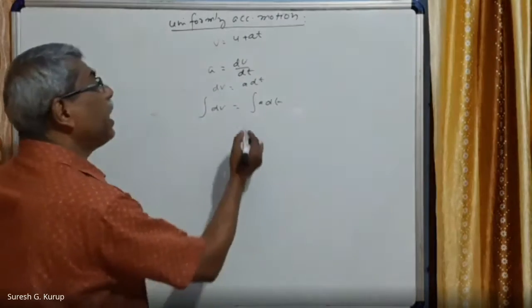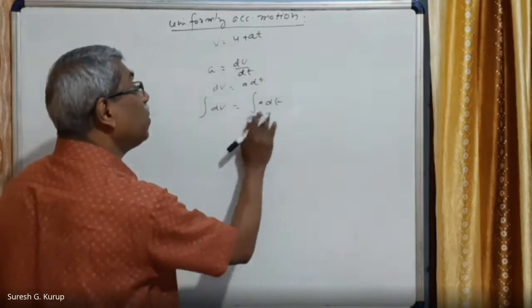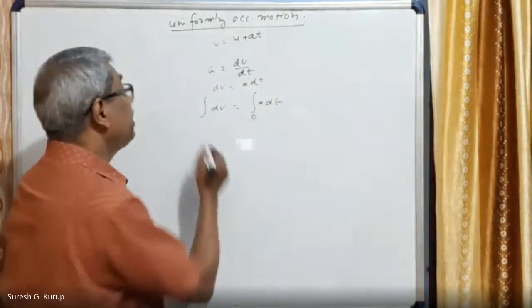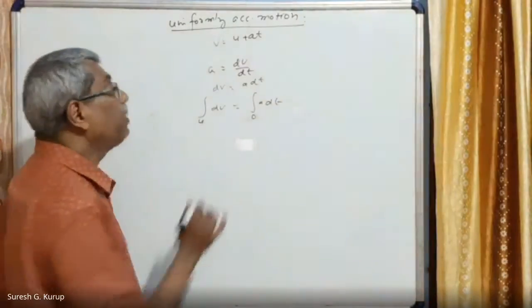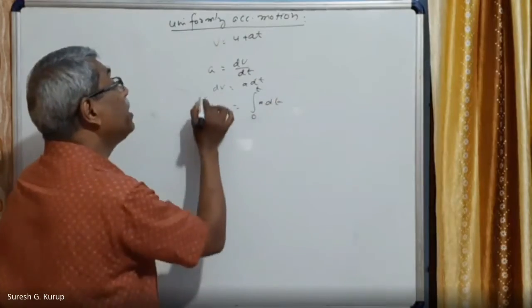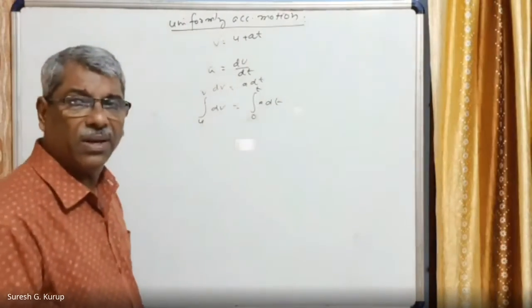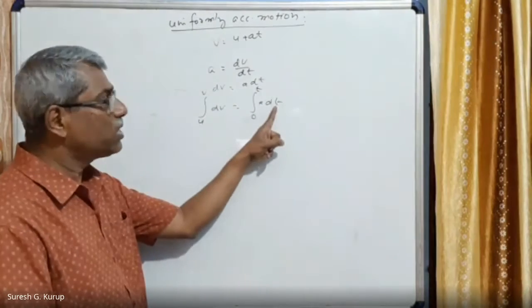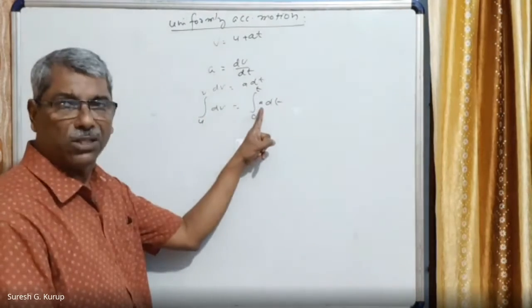When time t is equal to 0, the initial time, the velocity was u. When time becomes t, the velocity becomes v. So the velocity side goes from u to v, and the time side goes from 0 to t, because acceleration is a constant.